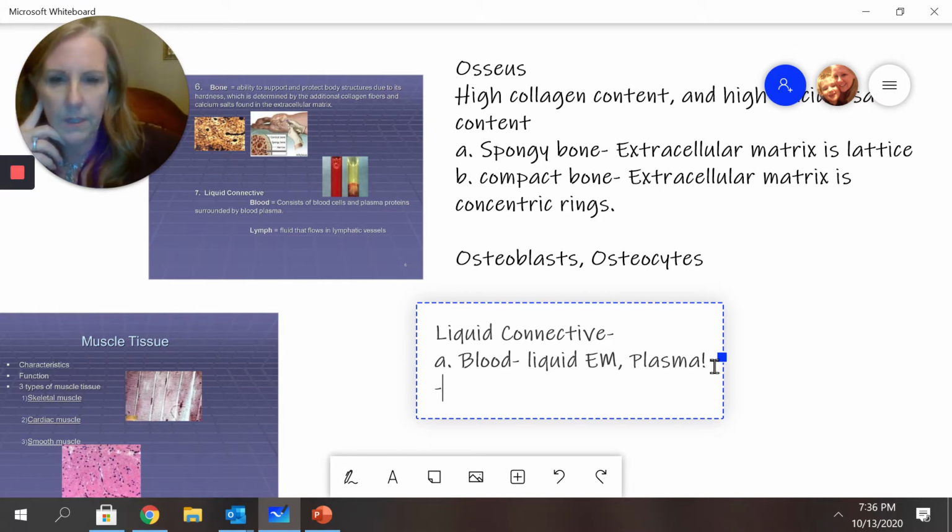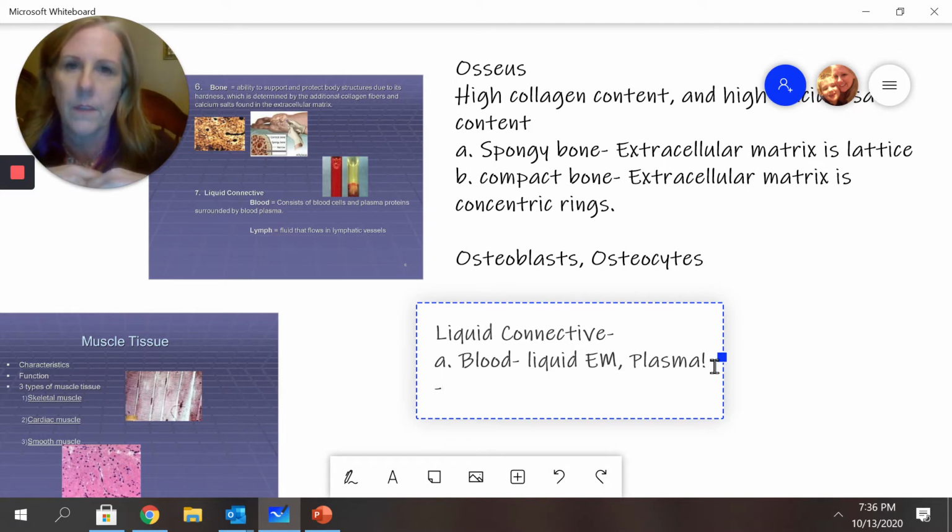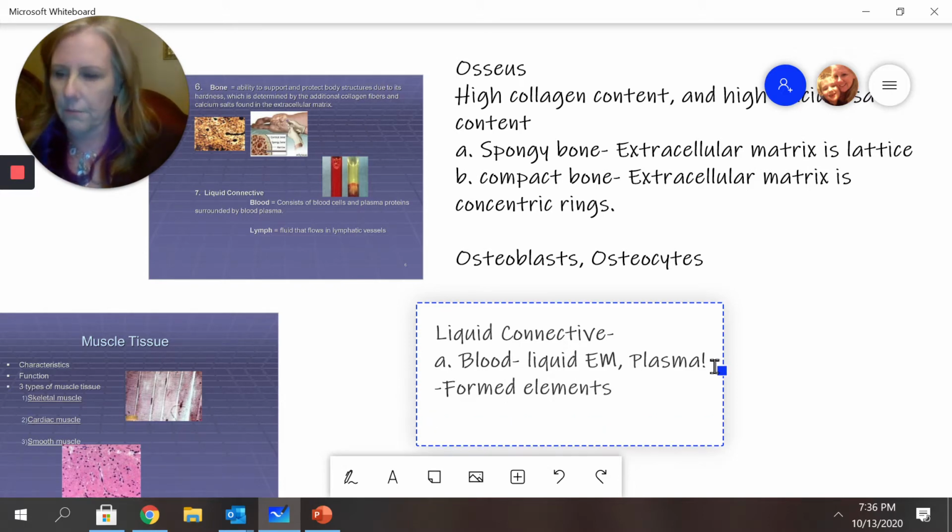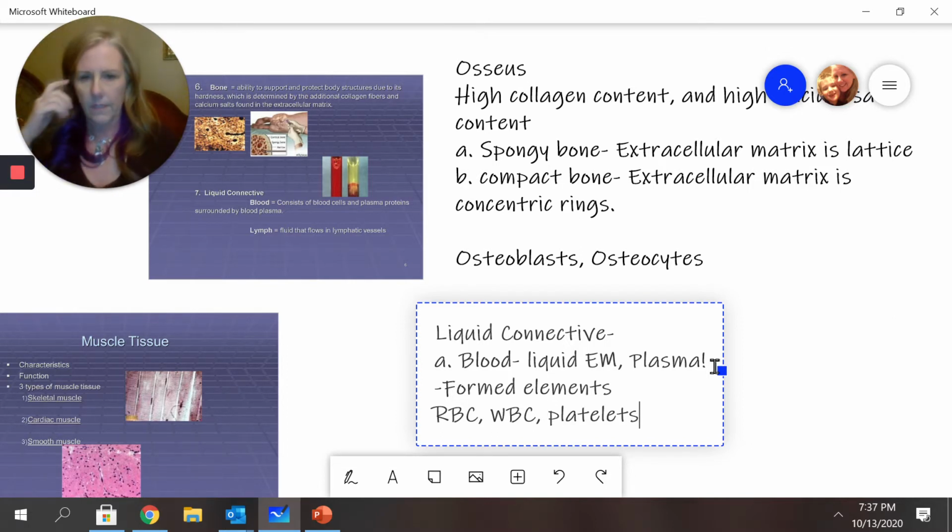So what else do we find besides the extracellular matrix in connective tissue? We find the living cells. In blood, the group that the living cells are in are called formed elements. There are 3 formed elements. We have the red blood cells, or erythrocytes, the white blood cells, leukocytes, and the platelets.